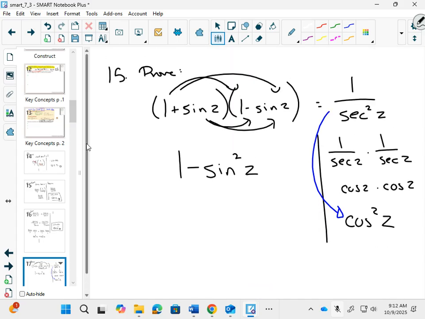We are so close here. The big idea from chapter 6 is that sine squared theta plus cos squared theta equals 1.